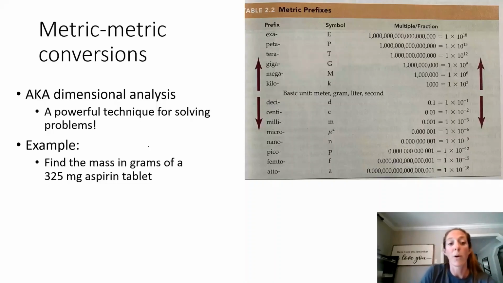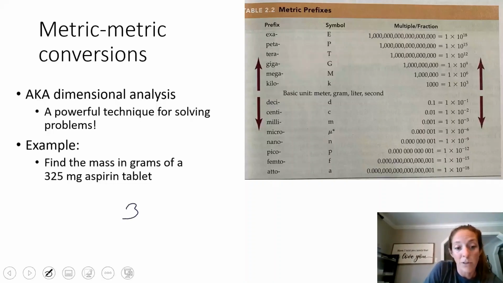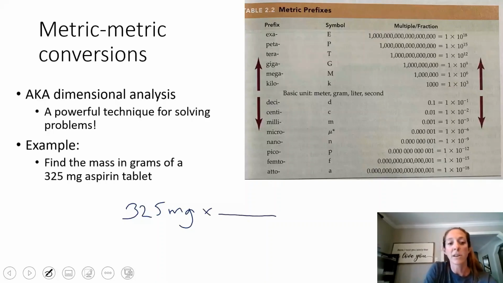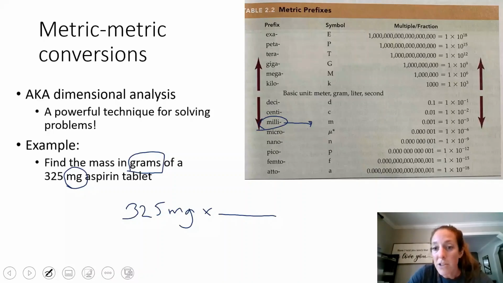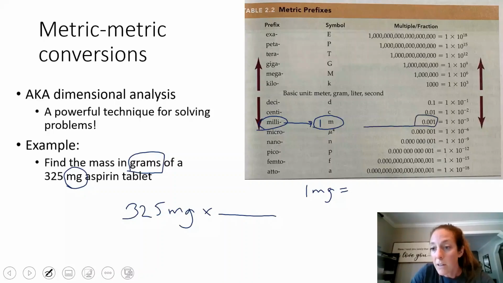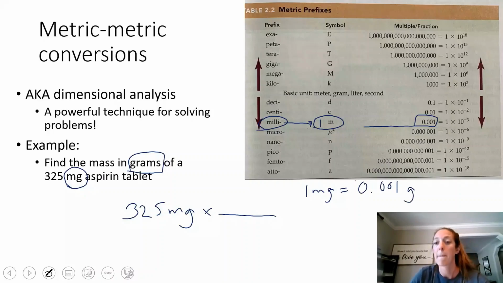Well, we always start with what we're given. I would say, okay, I'm starting with 325 milligrams. Now I need to know the conversion factor to get from milligrams to grams. So I'm going to look over here and go milli. All right, here's my milli. Well, I know that 1 milligram is equal to 0.001 grams.